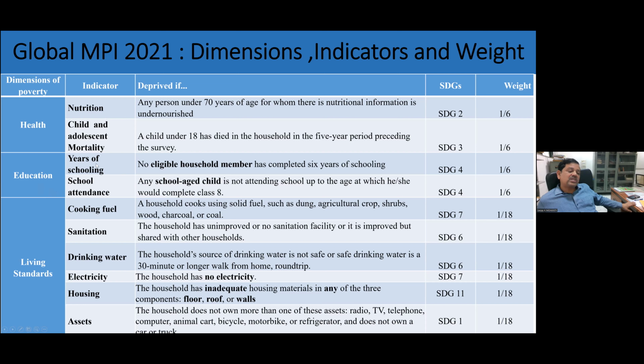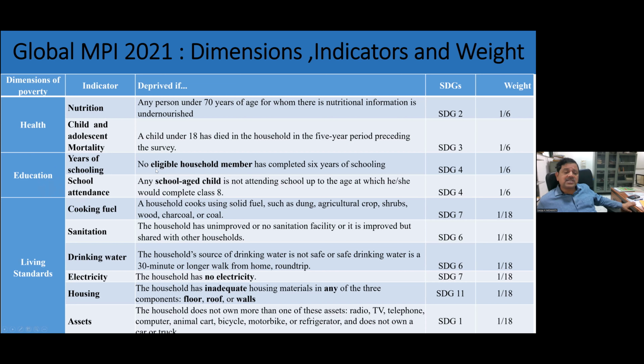Coming to education, there are two indicators used. One is years of schooling, and the other is school attendance. For years of schooling, as in the household structure, every member's educational level is marked in terms of years of schooling completed.